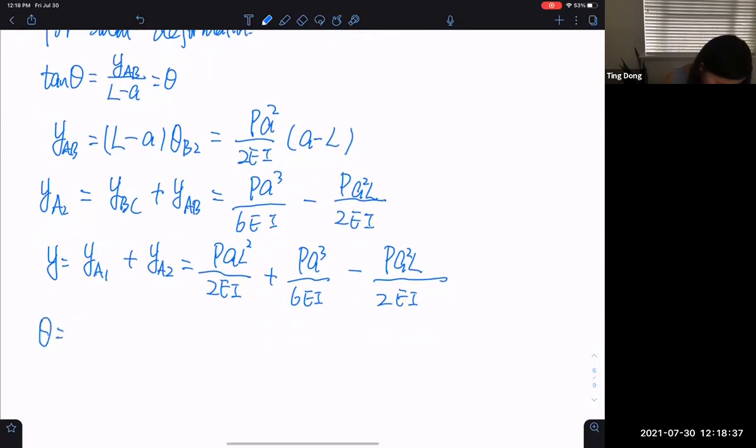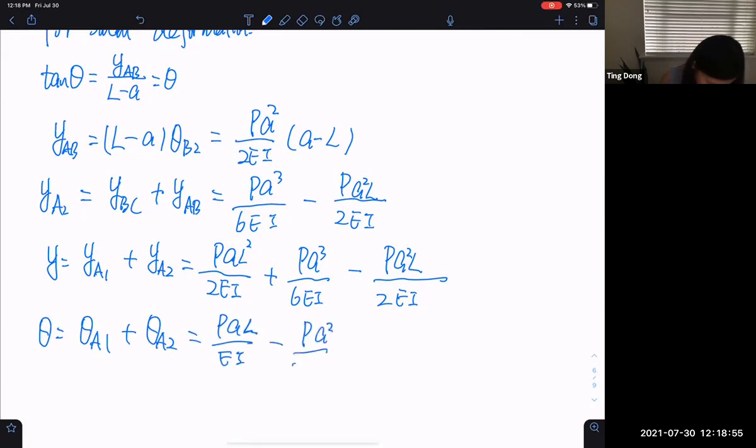Rotation, same thing, we add them together. Rotation caused by the first loading condition at point A and rotation caused by the second loading condition at point A. So it's PAL over EI minus PA squared over 2EI. I'm done.